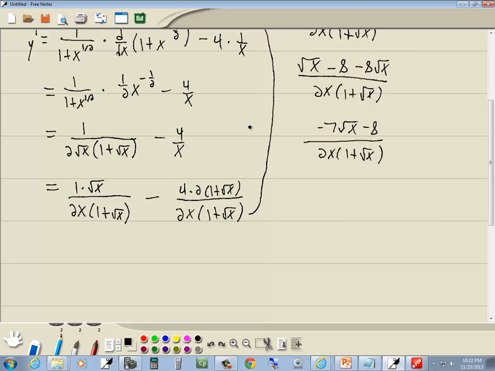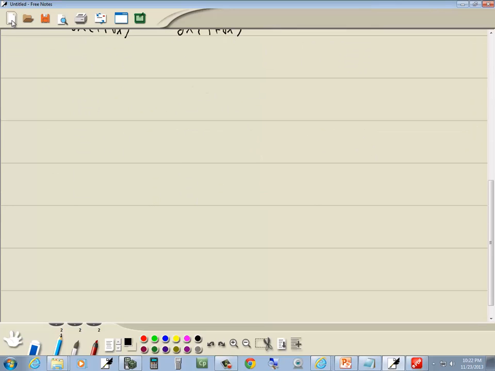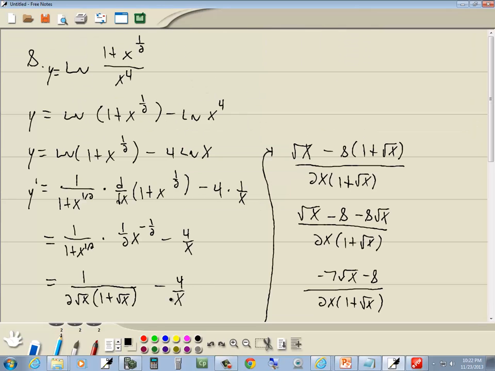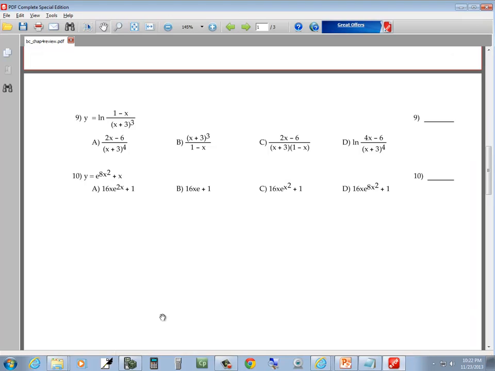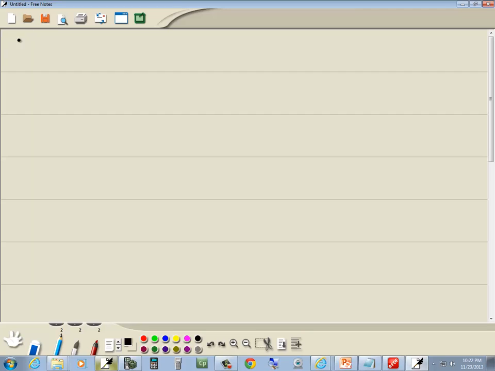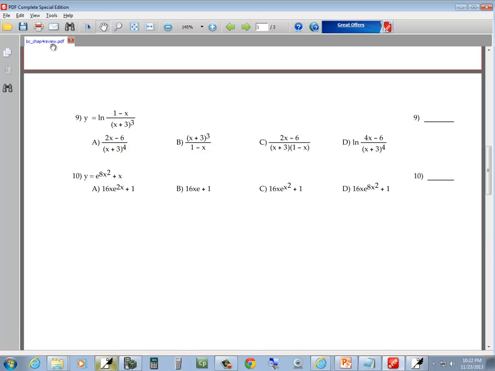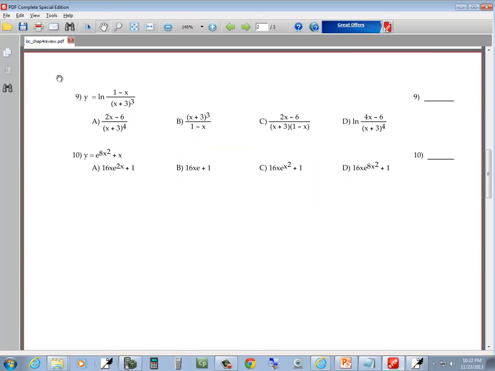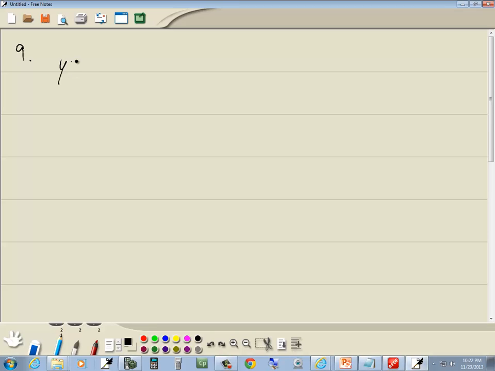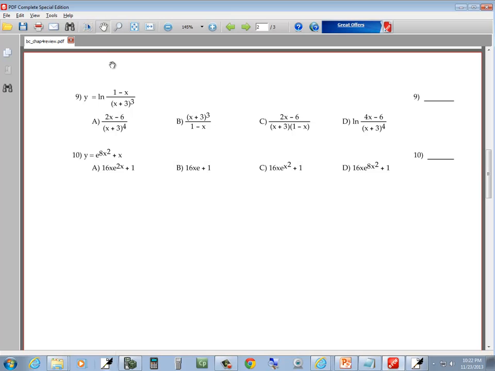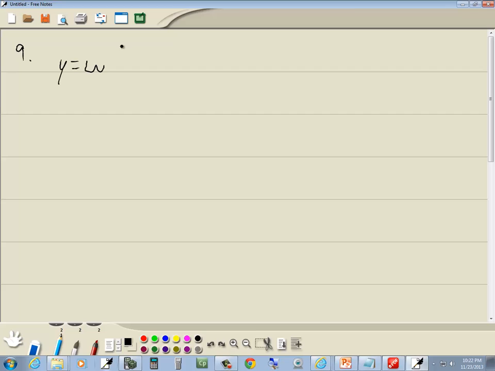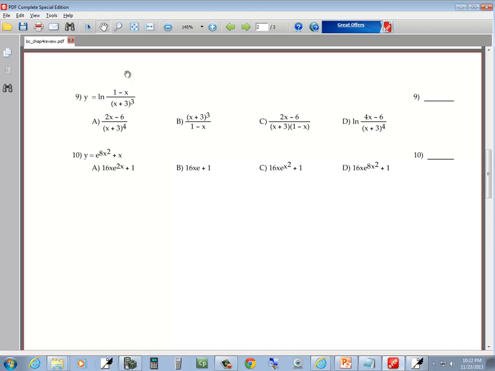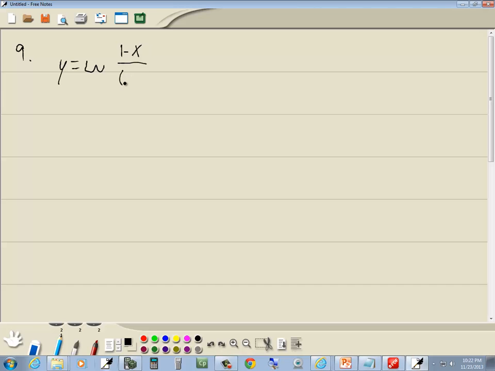It was 8, wasn't it? Yeah. So we got natural log y is equal to natural log of 1 minus x over x plus 3 to the third power.